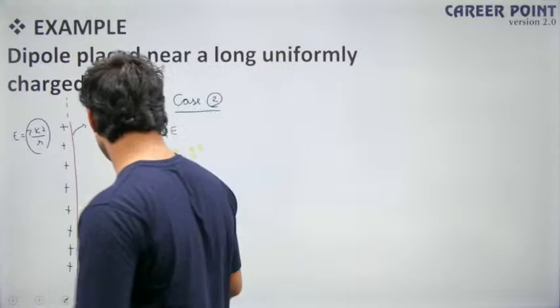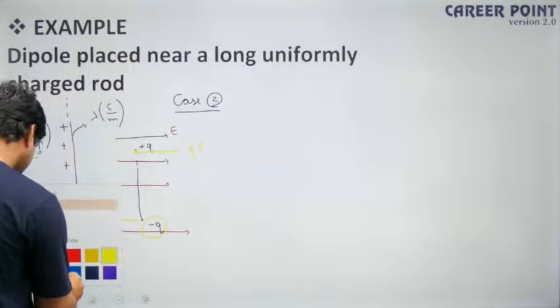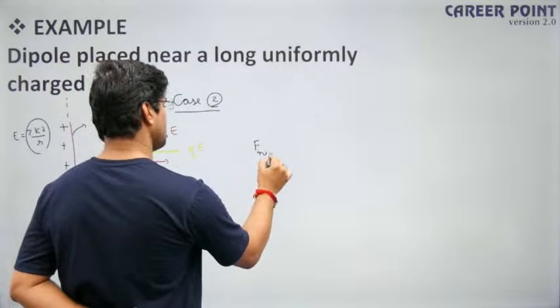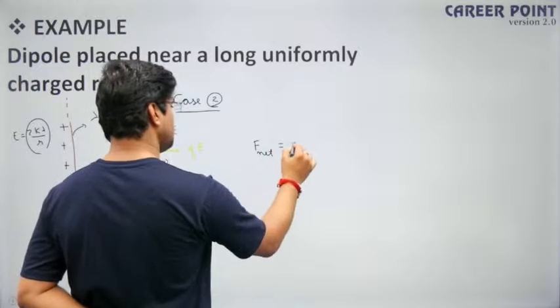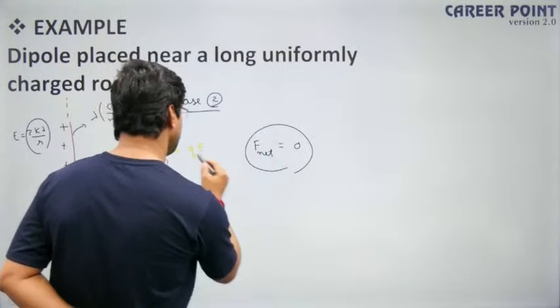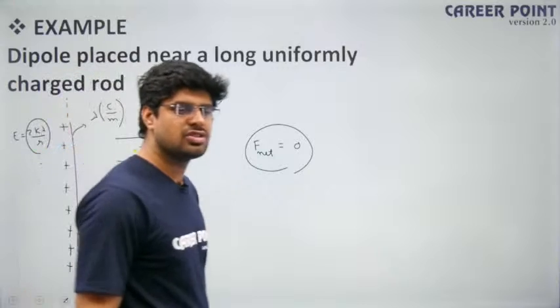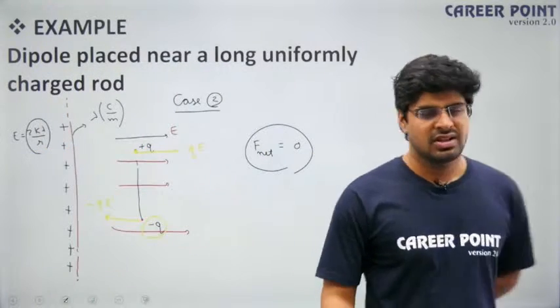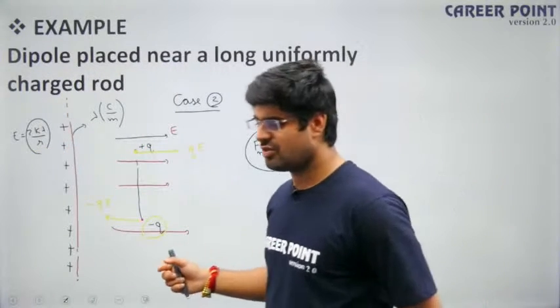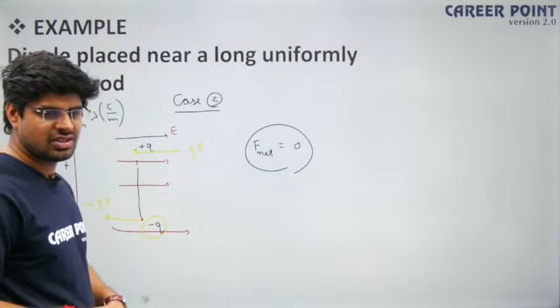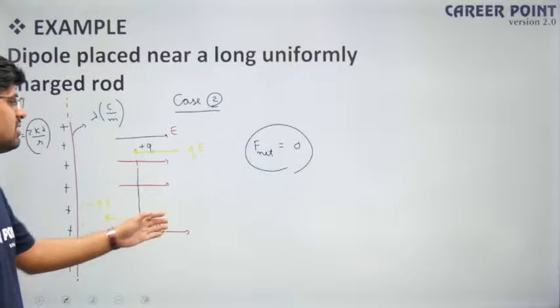So in this case, if you ask me what shall be the net force on the dipole, F net will be 0 because QE and minus QE are opposite to each other.